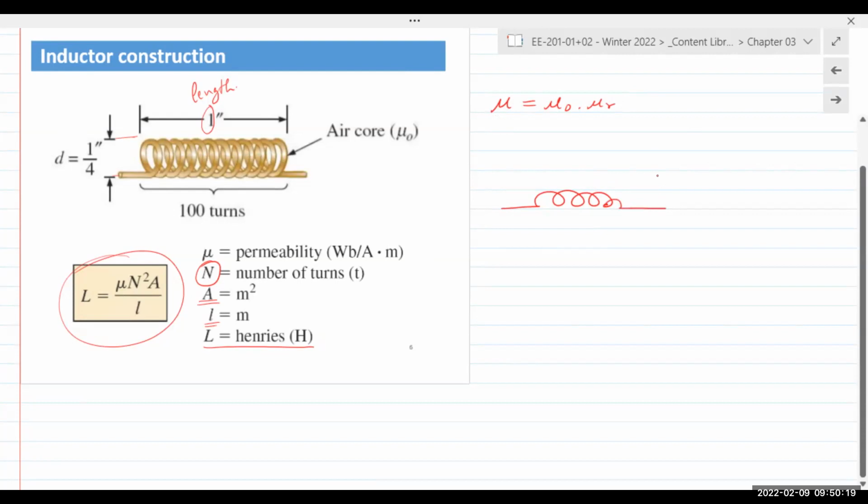Okay, so a real life inductor, even though it has very low resistance, we still have to take that resistance into account. And so we model that as a resistor in series.